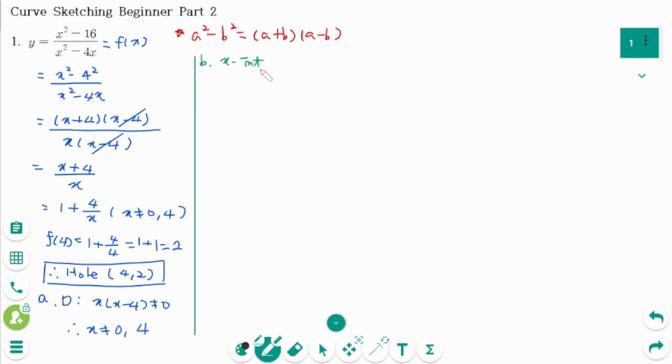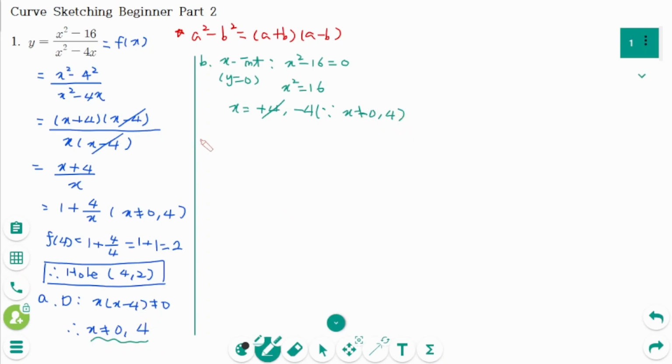X-intercept is when y equals 0. That means the numerator equals 0. Then x squared equals 16. Then x equals plus 4 and minus 4. But this one is a reject because of the domain.